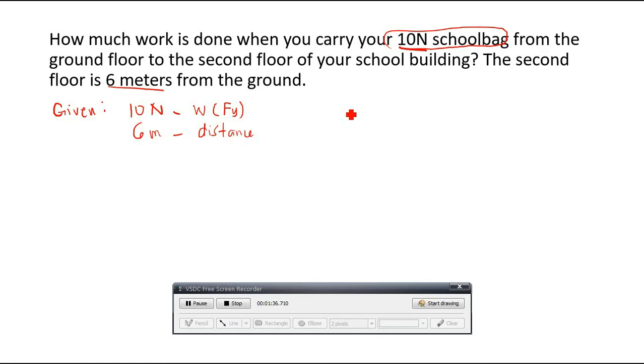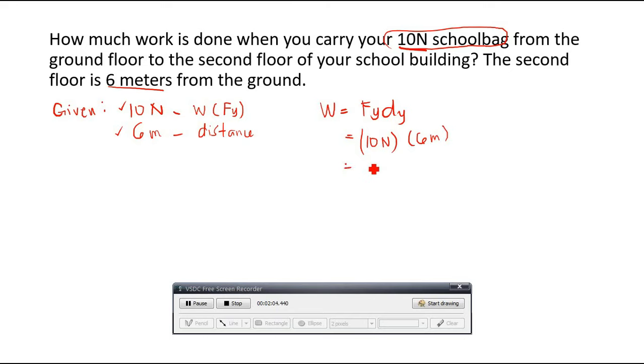So we can just directly substitute these values in the equation. We have W is equal to Fy dy, and your Fy is your weight, that's 10 Newton, and your distance is 6 meters for dy.